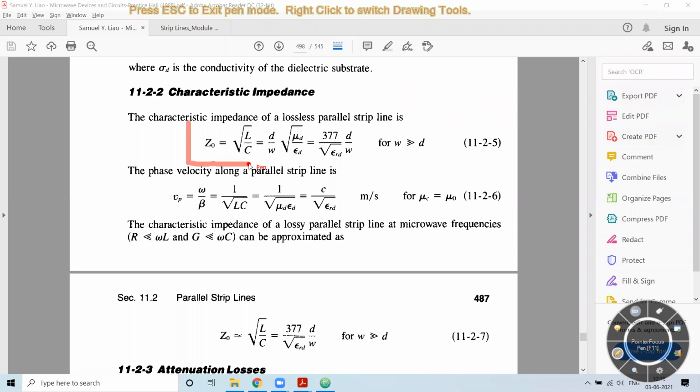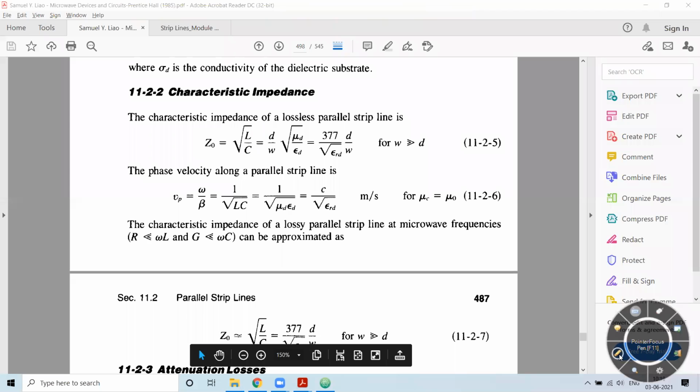So initially it is actually square root of Z by Y, and when you apply the binomial expansion and simplify that entire parameter, we obtain Z0 nearly equal to square root of L by C.